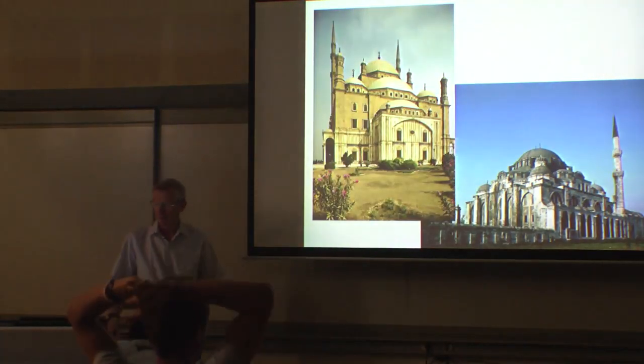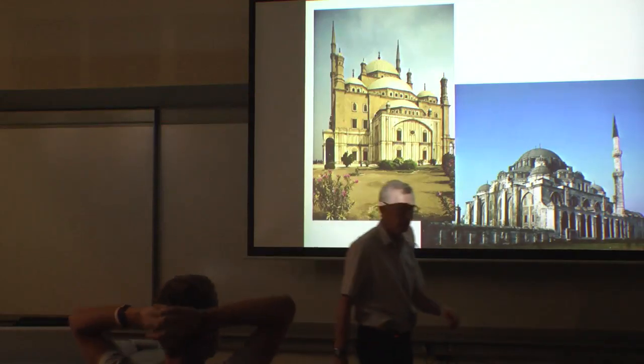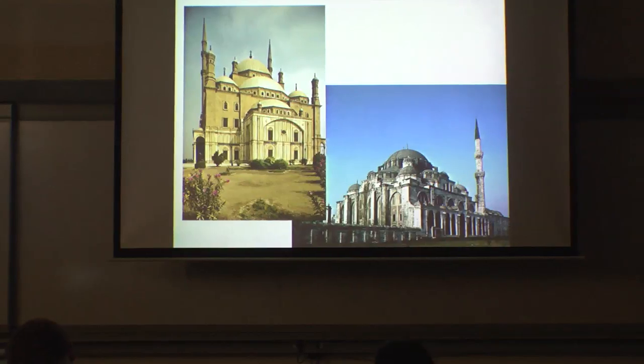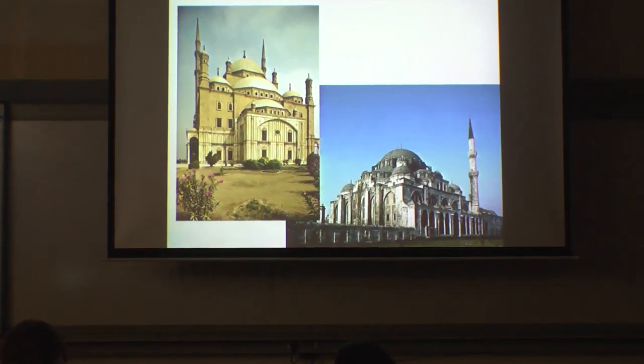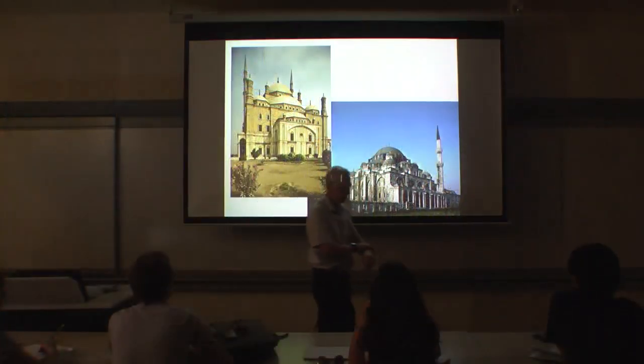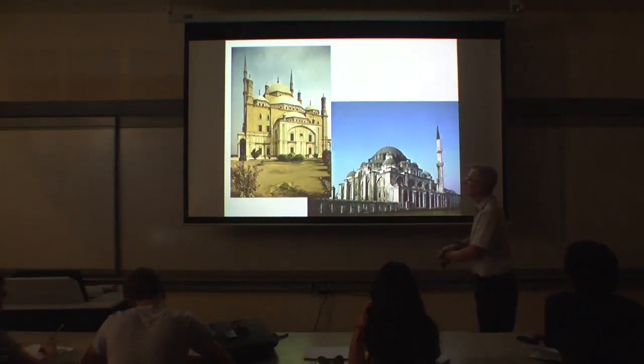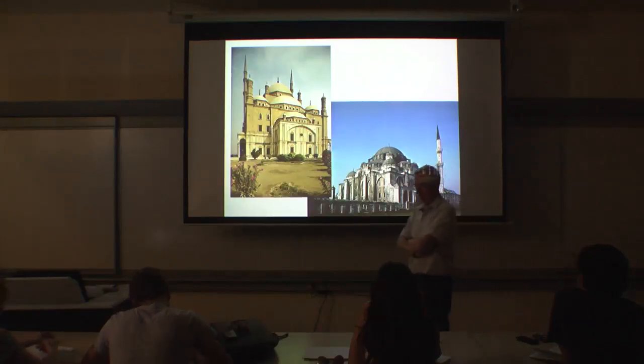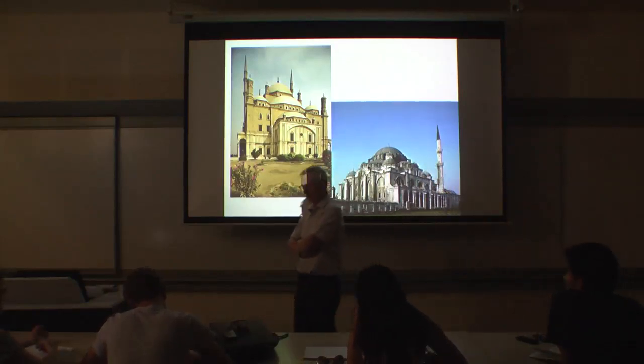So try this one. Okay, so what's the one on the left? Muhammad Ali. The date for it is, I forget the exact date, about the 1820s, 30s, something like that.